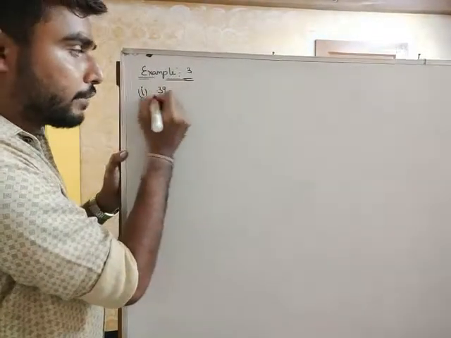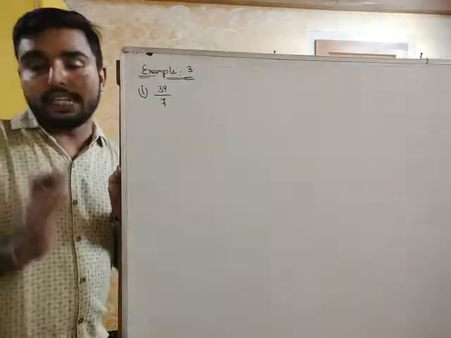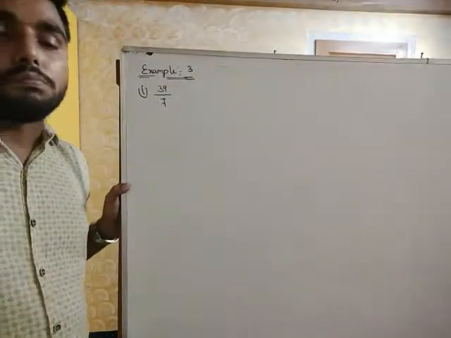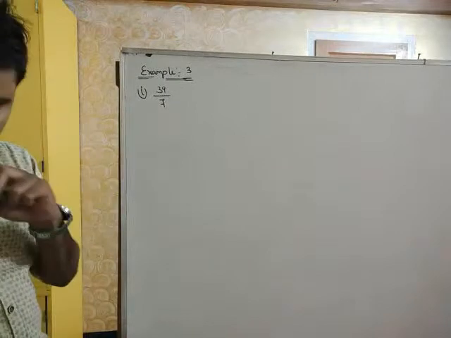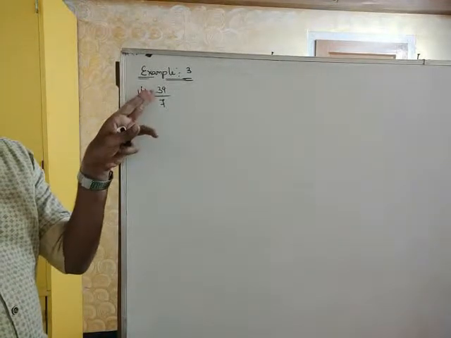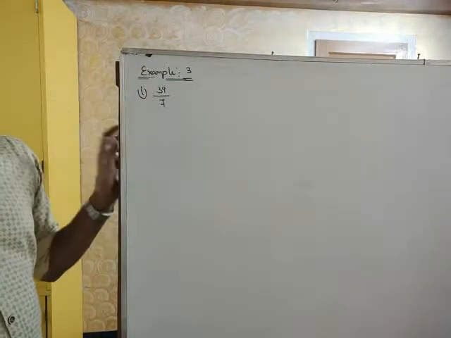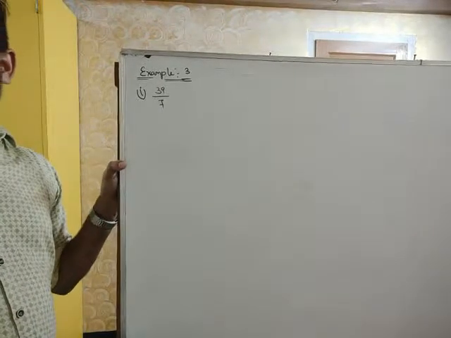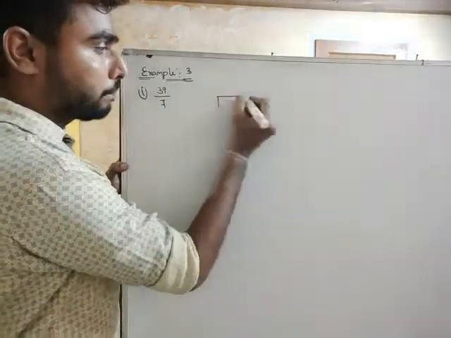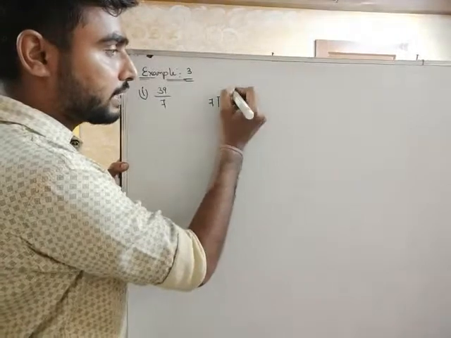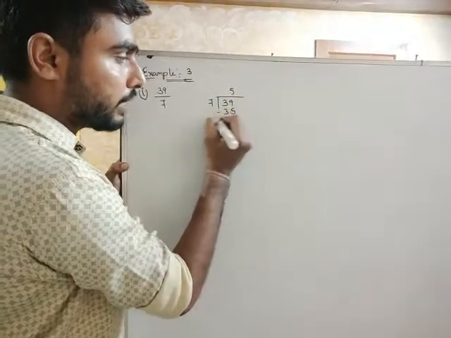Whenever there is such a question, the rational number will have the numerator greater and the denominator smaller. So you have to make a mixed fraction. 7 shall divide 39: 7 5 times is 35, remains 4.